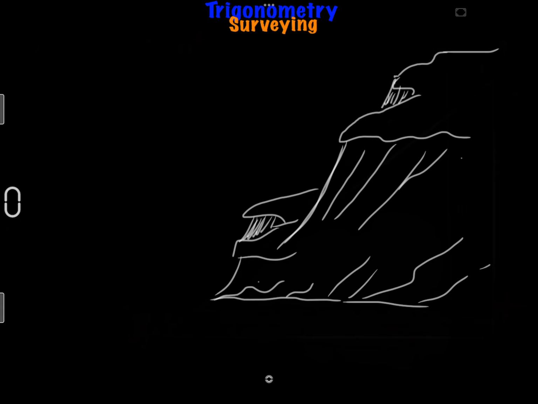Okay, we have a pediment here, so we have a free face on the slope. This is the scenario.